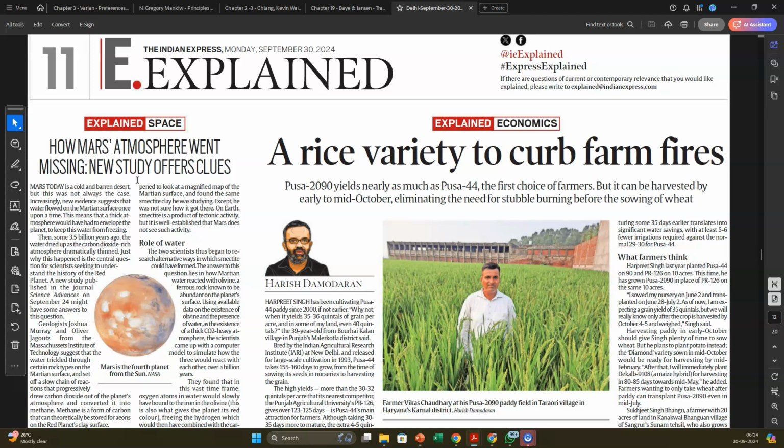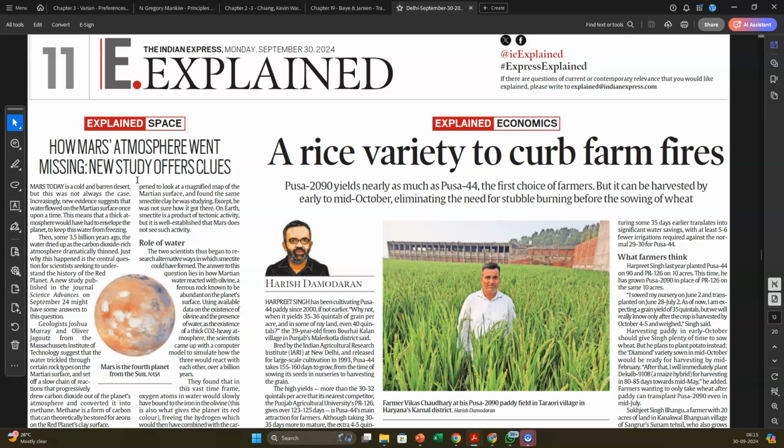Then by mid-November, you should have the Rabi crop ready, which can be harvested sometime in February, March. This is how the typical cycle happens. Now all of us have seen what is called parali, or stubble burning.